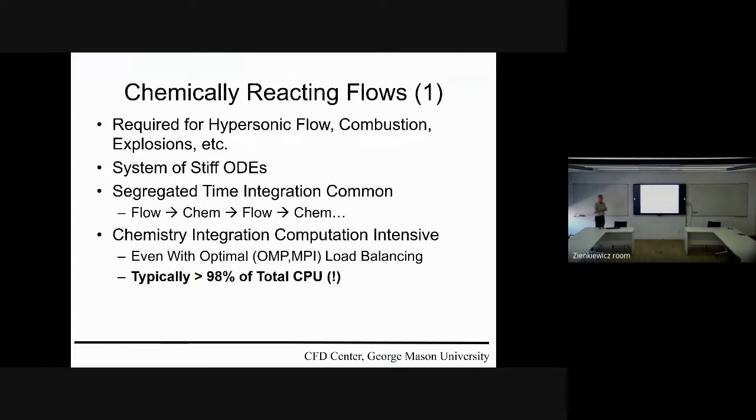So we have a lot of chemically reacting flows, not only for hypersonic flows, but also if you want to neutralize agents or something like that. It's a system of very stiff ODEs. In many cases, some of the agents that we're dealing with, we have 60 to 80 different species, up to 250 reactions.